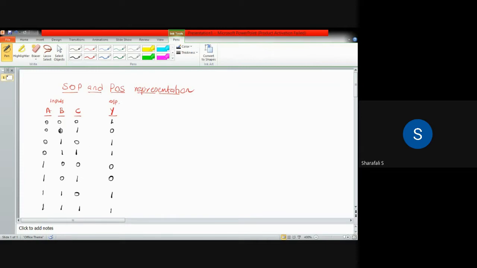That we will explain, or this same output can be represented as in max or min terms. Okay?